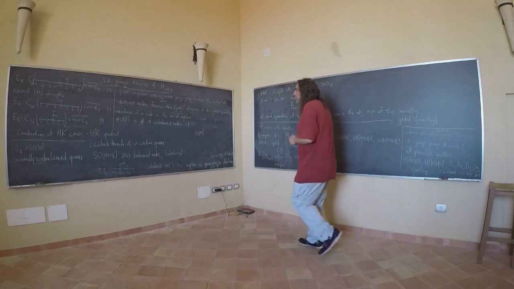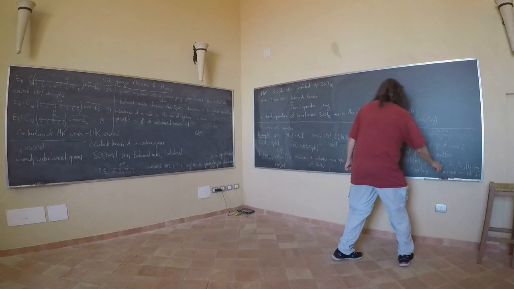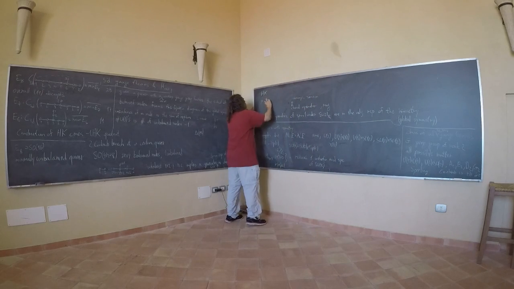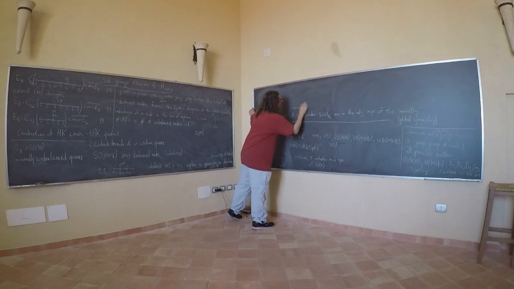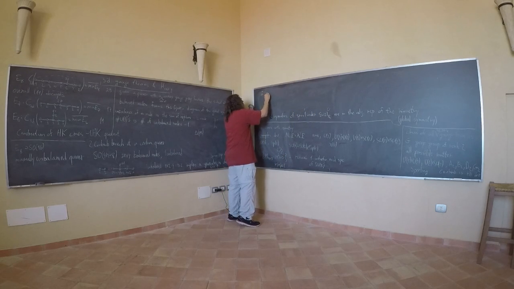So we end up with a moduli space which has two generators.